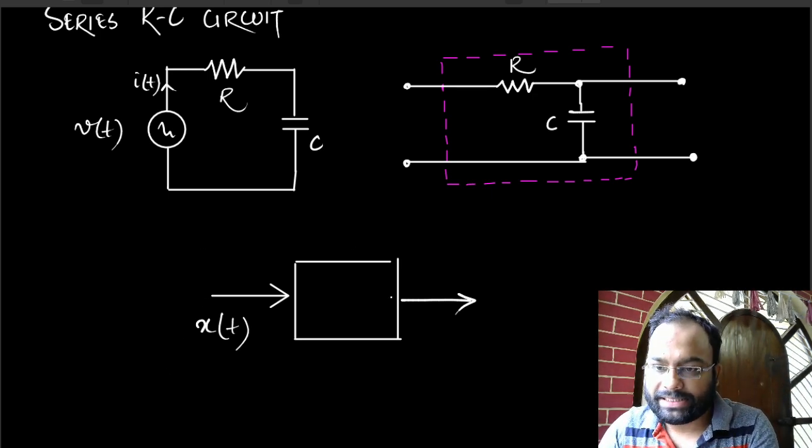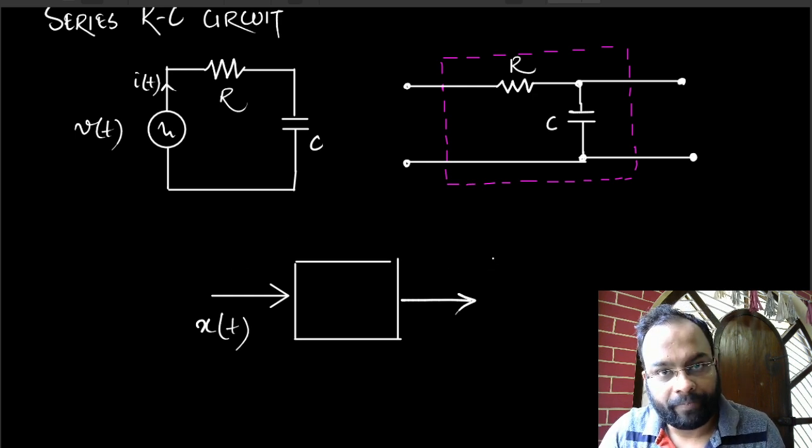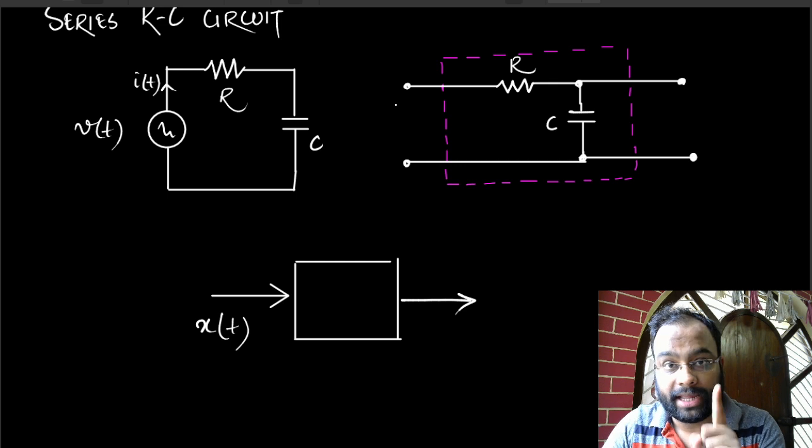So this is the diagram we draw, but in reality we have two pins here and two pins here. We shall apply the input across these two pins, and we shall check the output across the two pins here. As far as electrical circuits are concerned, this representation is nothing but a two-port representation. So this is the input port and this is the output port. Input port, singular.